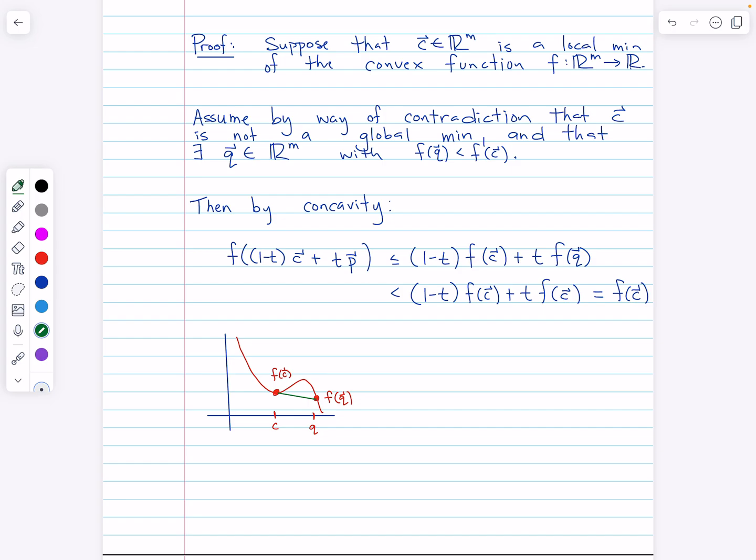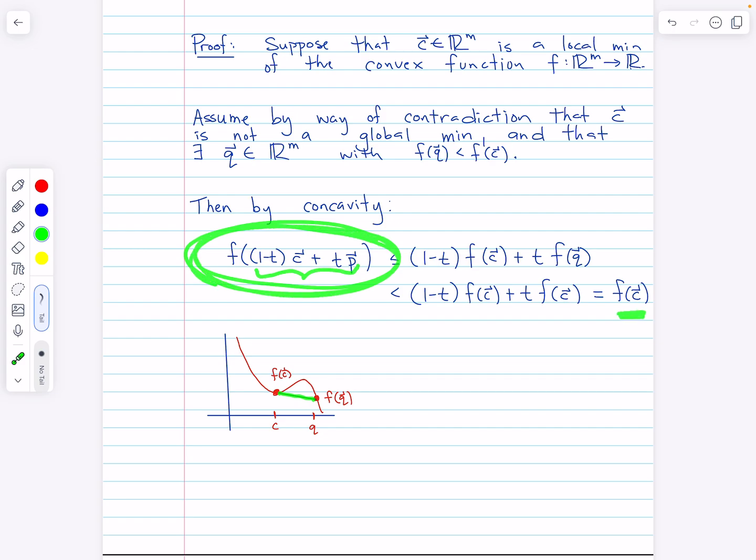Okay? And so every point along this green line, if you look at the function values along that line, will be less than f of C. All that is really saying is just as you travel along this line, you're going downhill from C to Q because f of Q is less than f of C. So really all this is saying is that points along that line will all be less than f of C.